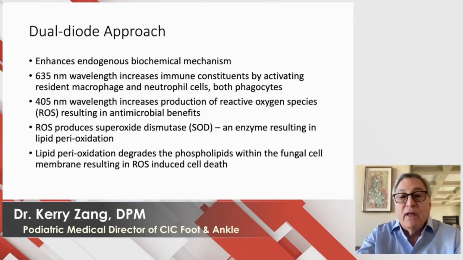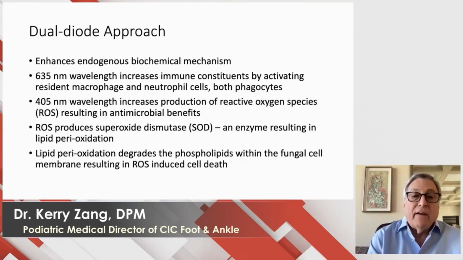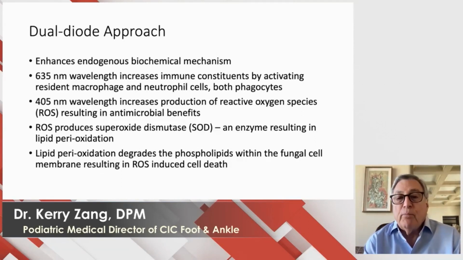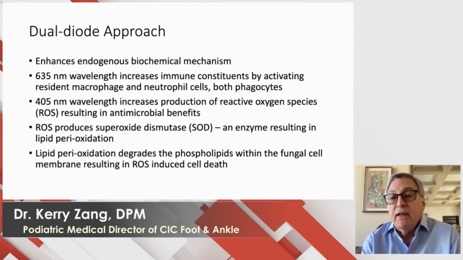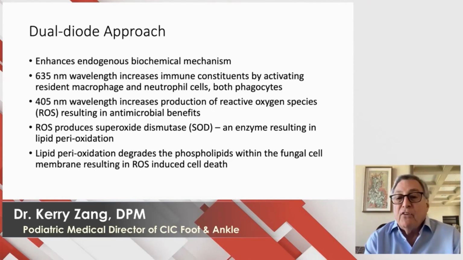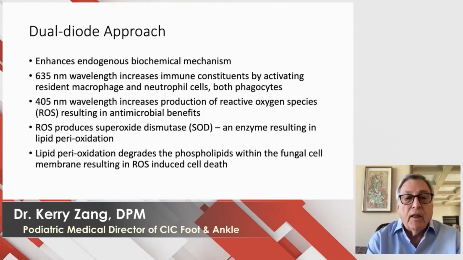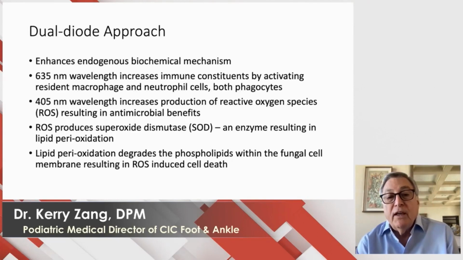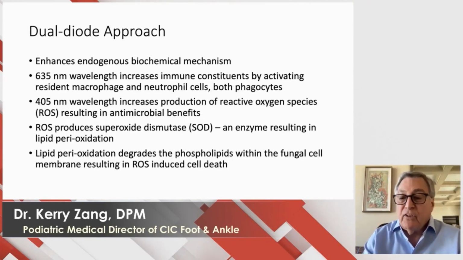The 405 wavelength increases the production of reactive oxygen species, resulting in antimicrobial benefits. Reactive oxygen species produces superoxide dismutase, which is an enzyme resulting in lipid peroxidation, and this degrades the phospholipids within the fungal cell membrane, resulting in induced cell death to the fungal organism.